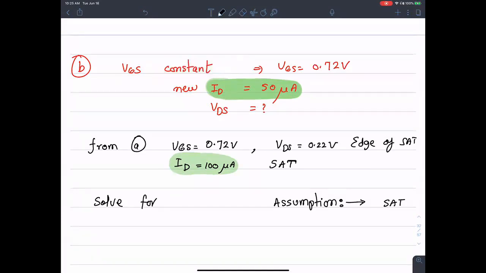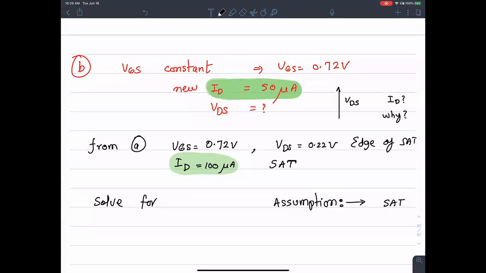So let's say we try to increase the value of VDS. What happens to ID, and why do you think that happens?